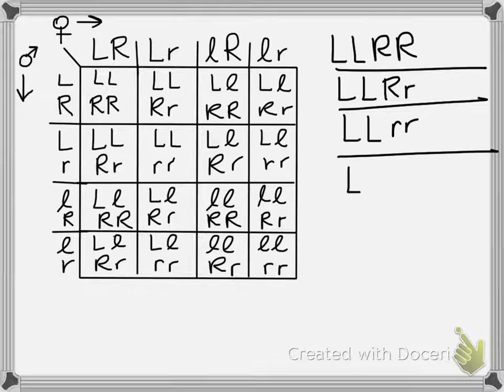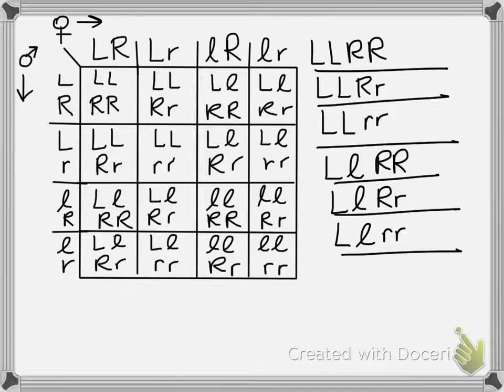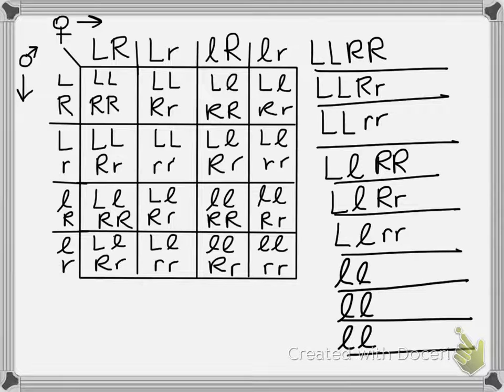Then I'm going to list all the big L, little l, and that comes with big R, little r. Then we're going to go for the little l's, big R, little r. Okay, cool.